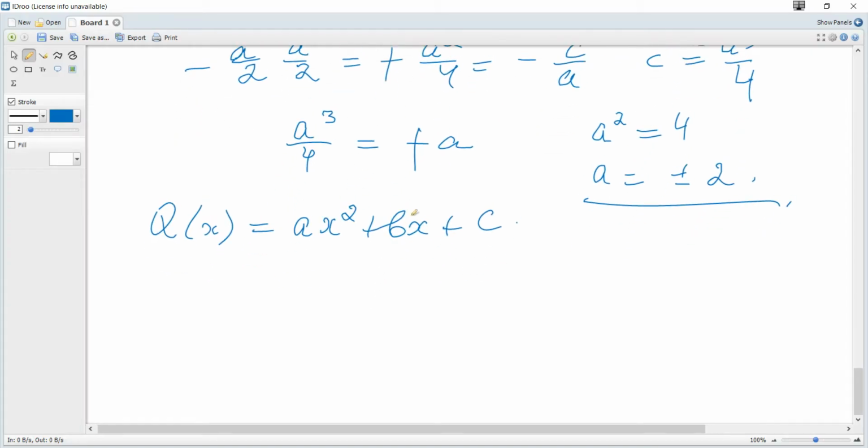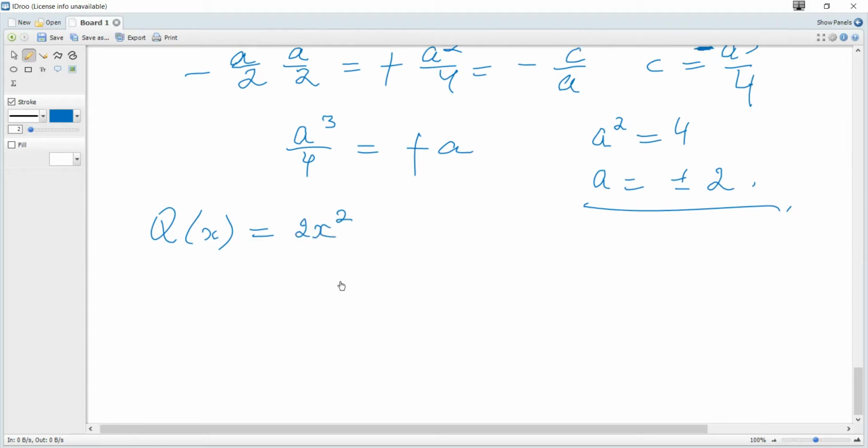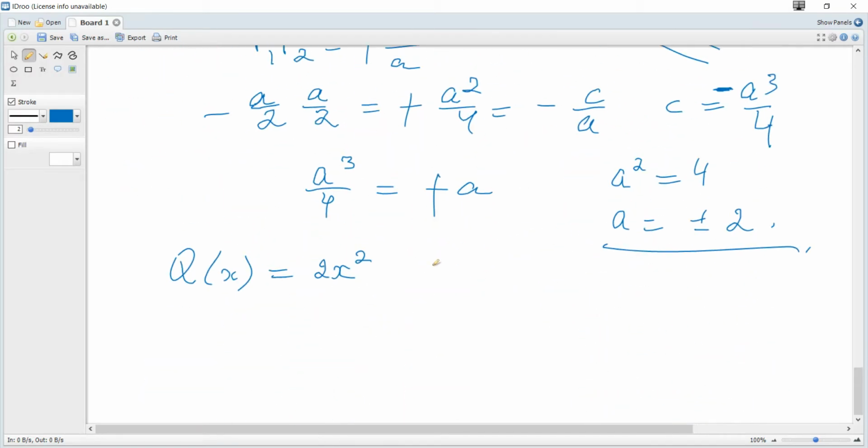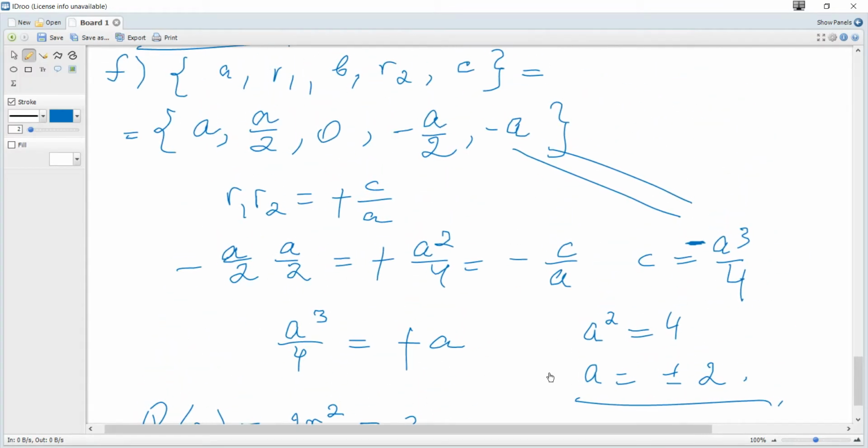So b is 0, and if a is 2, we get 2x squared, and c is negative a, so 2x squared minus 2, and another variant, when a is negative 2, negative 2x squared plus 2.